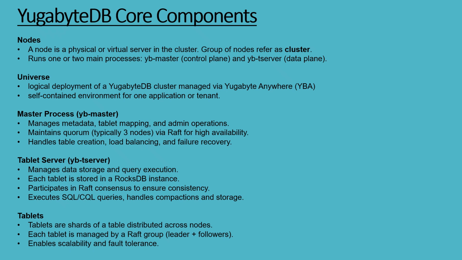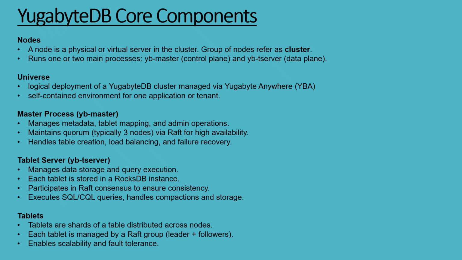To ensure high availability and fault tolerance of the YB-Master process, it runs as a Raft consensus group, typically with three nodes. One master acts as the leader while the others serve as followers, ready to take over if the leader fails. In short, we can think of YB-Master as the cluster's brain.